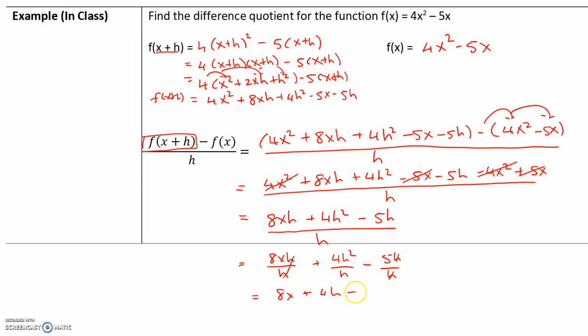The h and h are going to cancel out, and we're left with 5. So our difference quotient is this expression, 8x plus 4h minus 5. Again, it's a lot of work, a lot of things going on here. So think of questions you guys have.